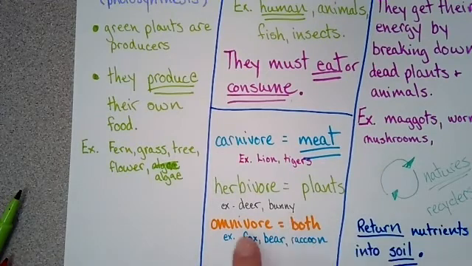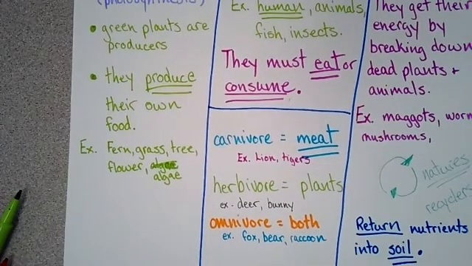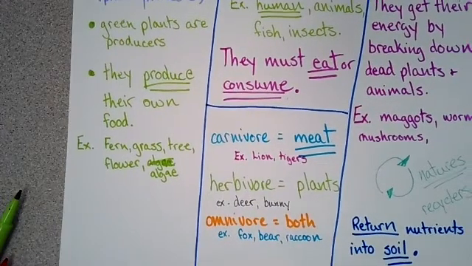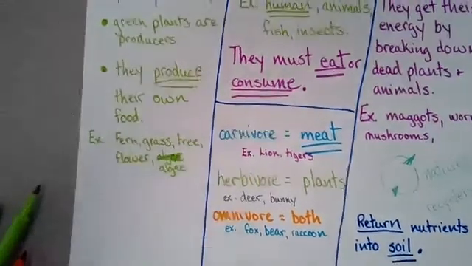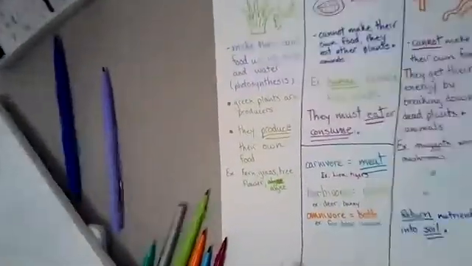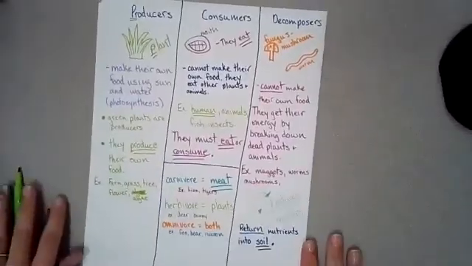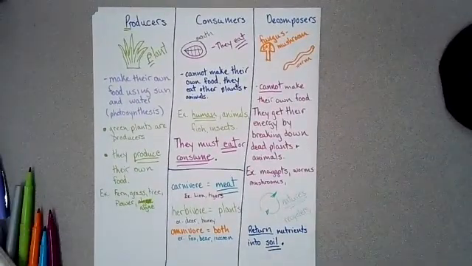They don't eat meat. And then omnivores eat both, fox, bears, and raccoons. And there are many other examples, but that's just to give you an idea. I'm going to zoom way out so that you have everything you need here. And that is basically a summation of everything that you need to know about producers, consumers, and decomposers.